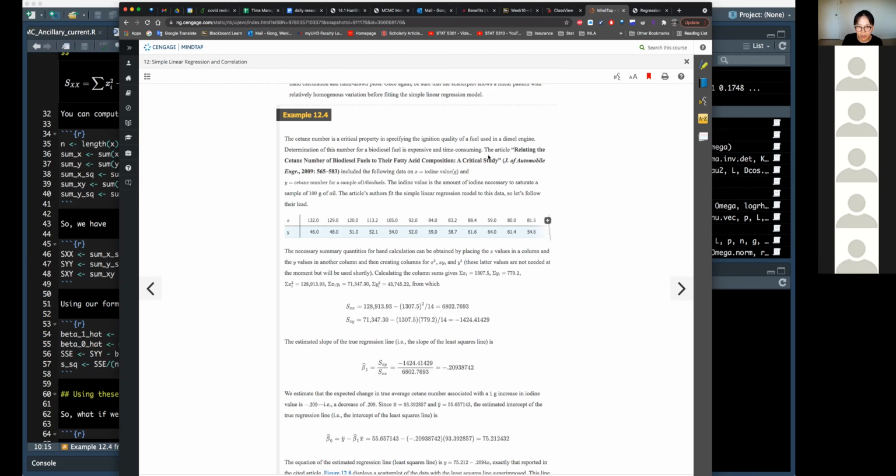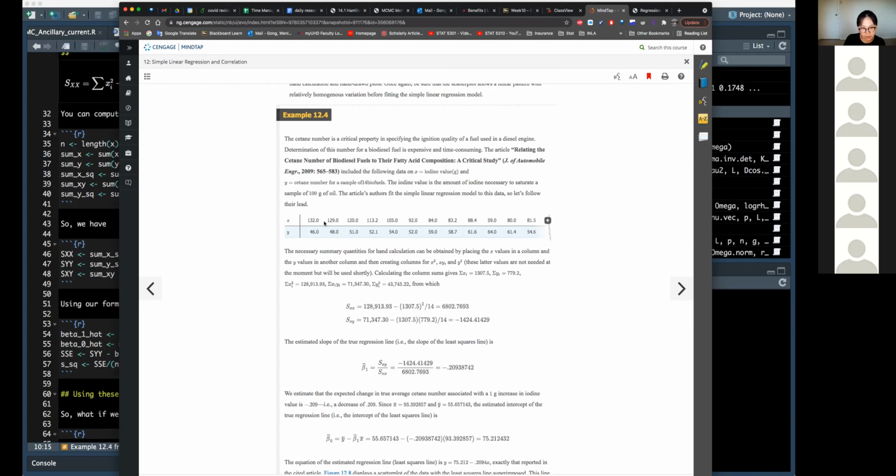So in this article, it has this data set, where X is this value, and Y is this certain number of a sample that they have. So this is the background: there's some data taken about the chemicals here.